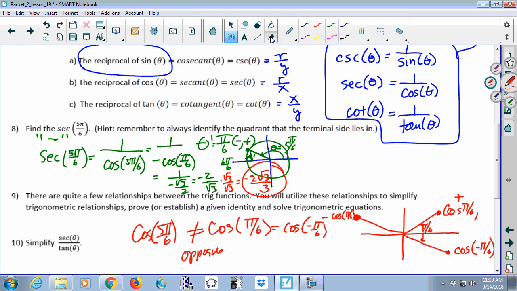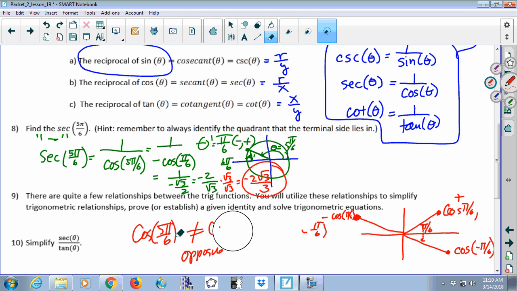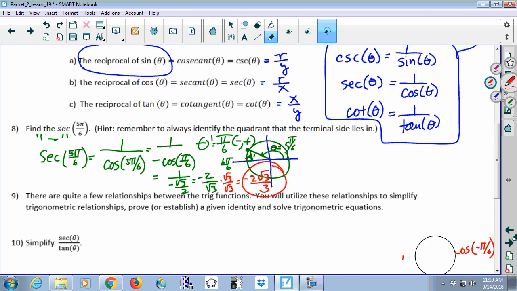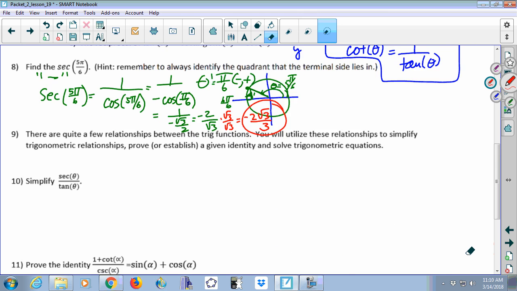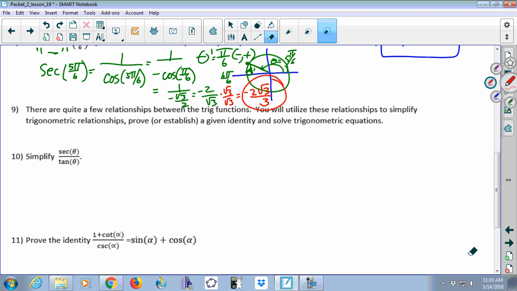Okay, so the fun is now about to start. I think it's fun. This is like one of my favorite parts of trig. You now can take all these relationships and the one identity we've already looked at, the Pythagorean identity, which says sine squared plus cosine squared is 1.